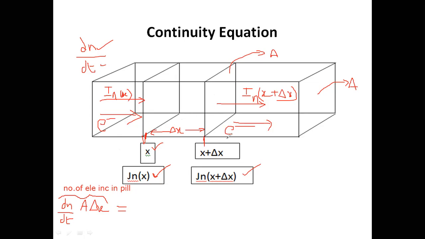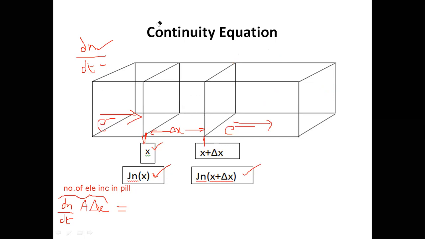So I want to get this information, but not current or current density. So I am clearing unwanted drawings here. I just want to know the number of electrons increasing in the pill box, not current or current density.